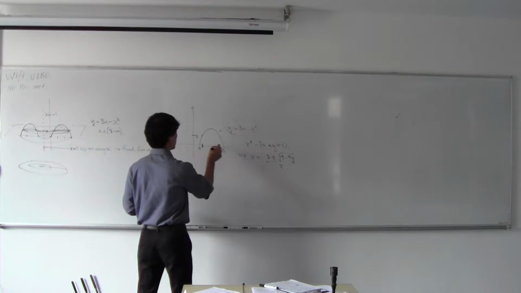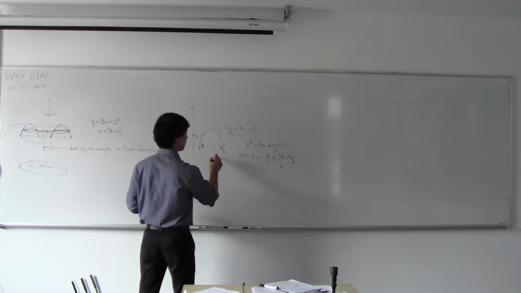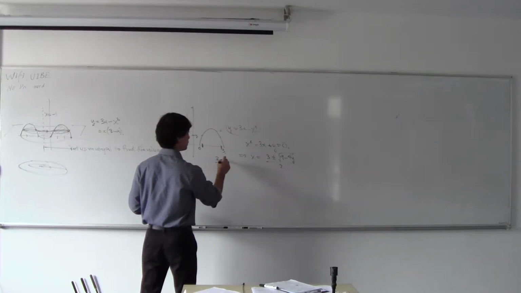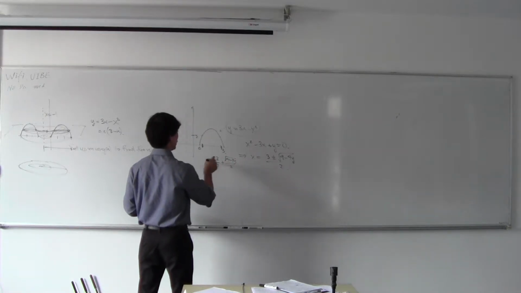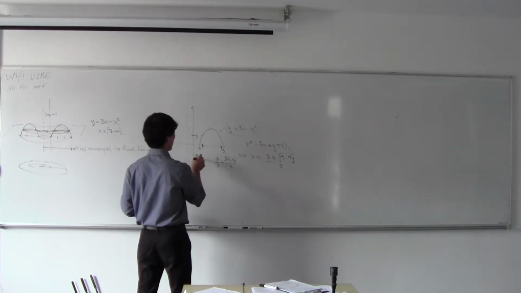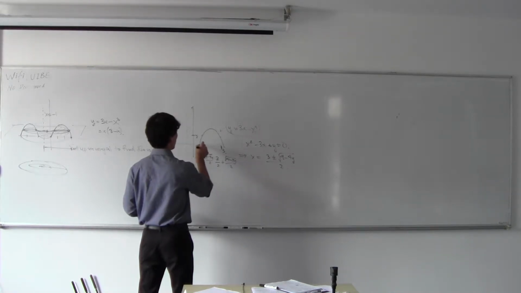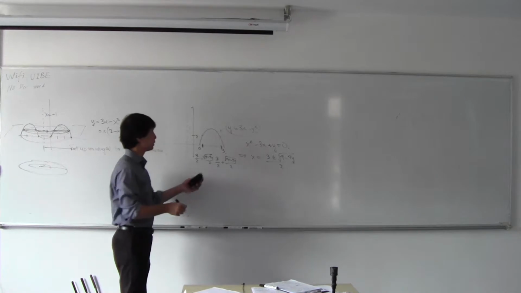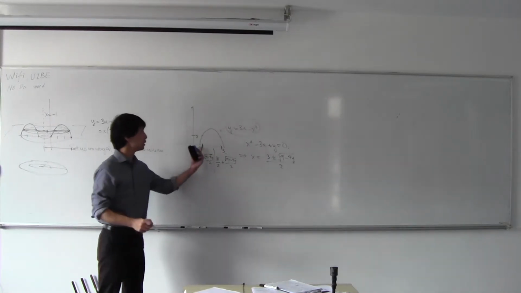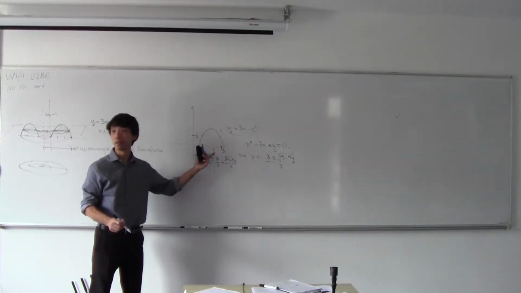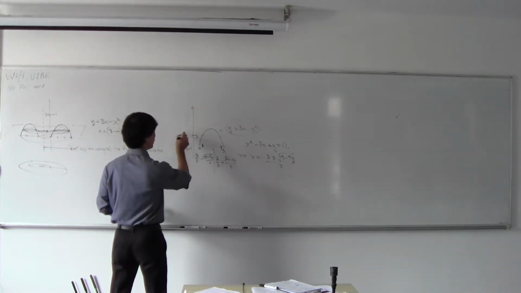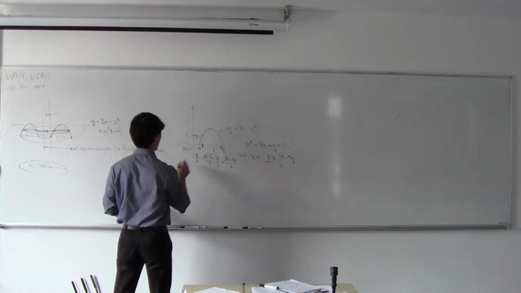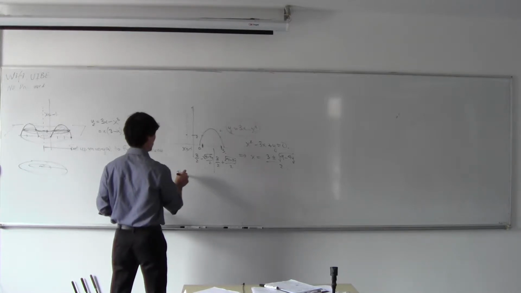So this point and this point are 3 halves plus root 9 minus 4y over 2, and 3 halves minus root 9 minus 4y over 2. Those are the x coordinates there. So from x equals minus 1 to here, what's the big radius at height y?